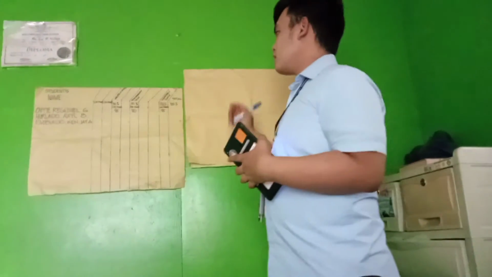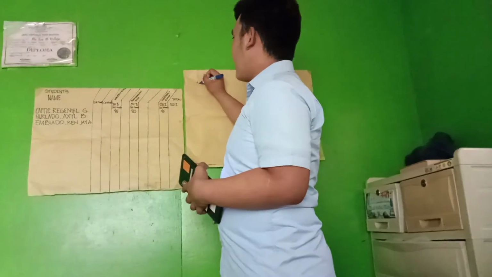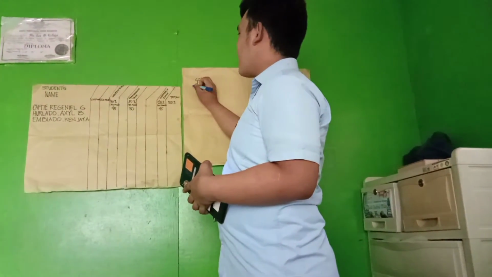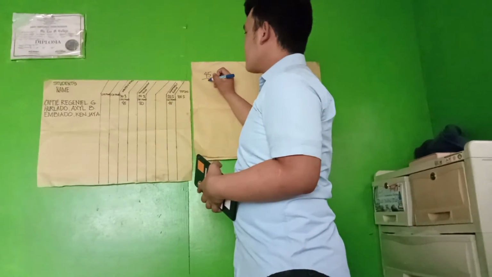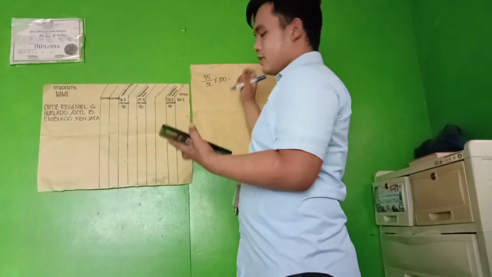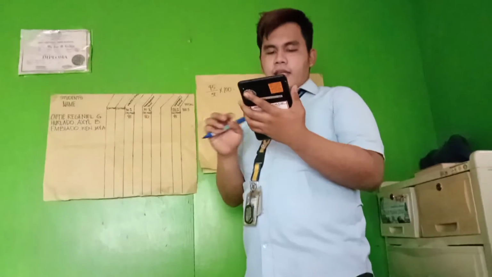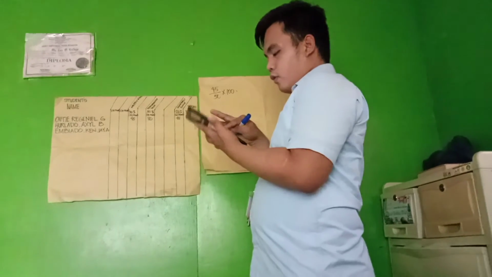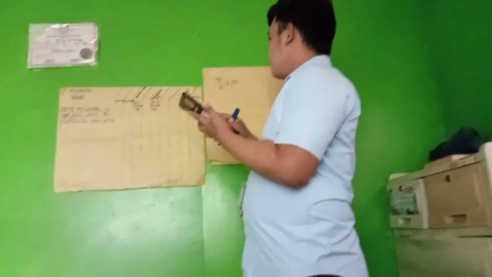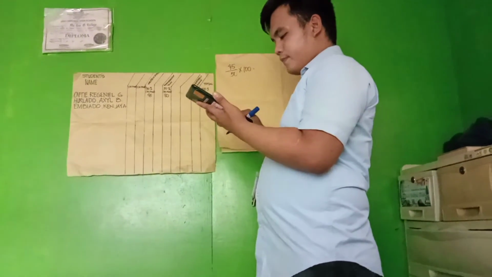We're going to use the formula I have given ahead, which is her raw score, 45, over the highest score, which is 50 points, times 100 equals... I will show you by using an electronic calculator: 45 divided by 50 multiplied by 100.